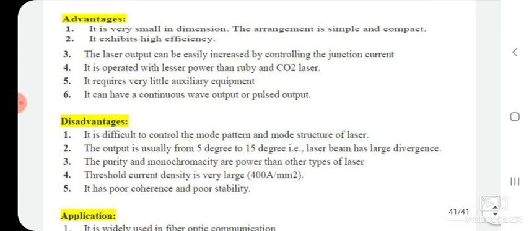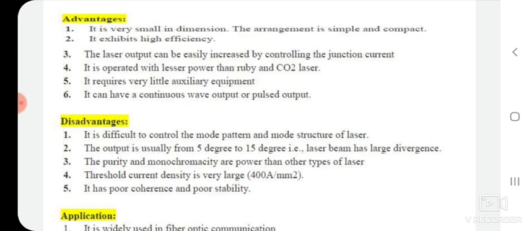Now, advantages of semiconductor diode laser. It is very small in dimension, and the arrangement is simple and compact.